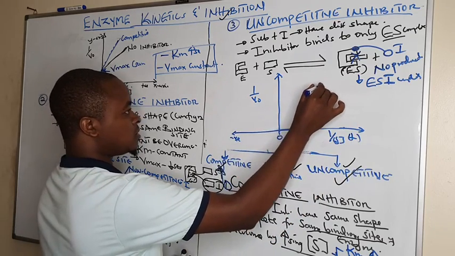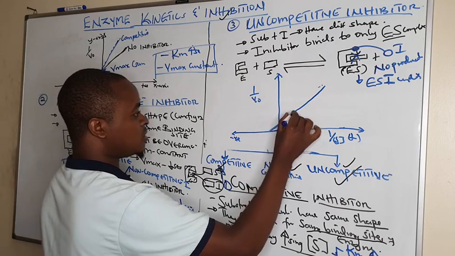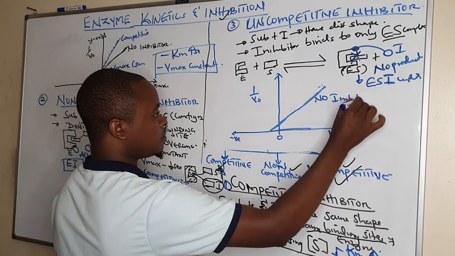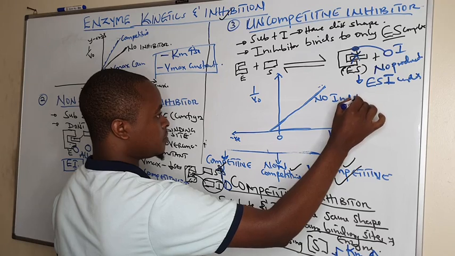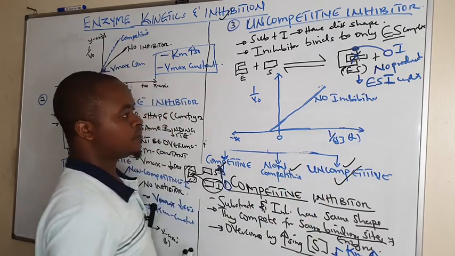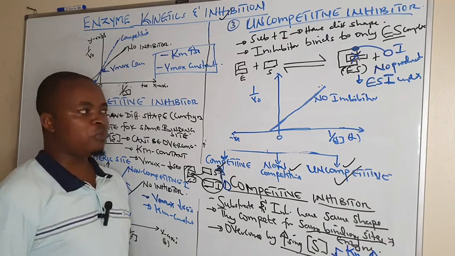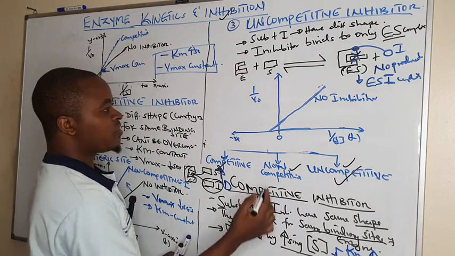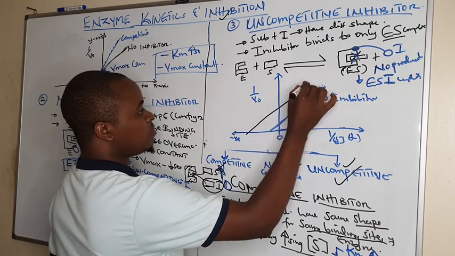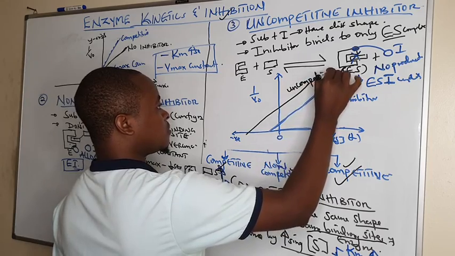So if this is my plot in the presence of no inhibitor, looks like that. In the presence of an uncompetitive inhibitor, we are going to see both Vmax and Km decrease. So this one becomes the plot in the presence of the uncompetitive inhibitor.